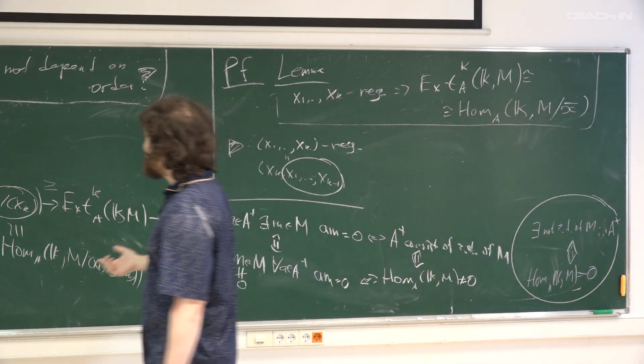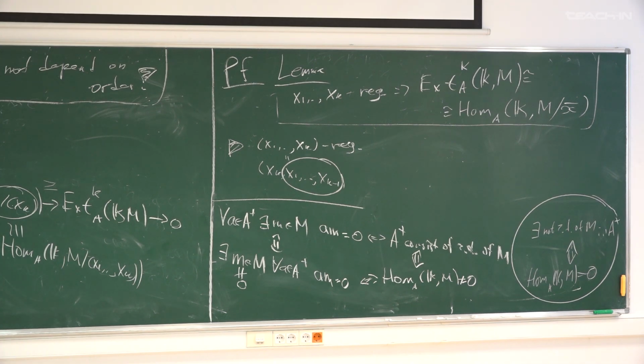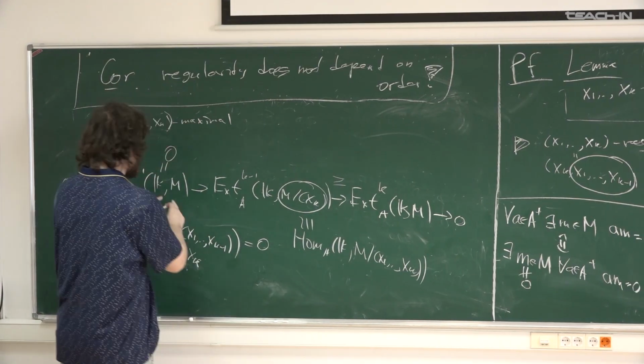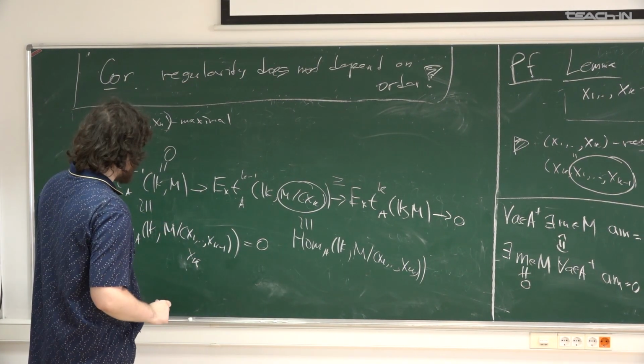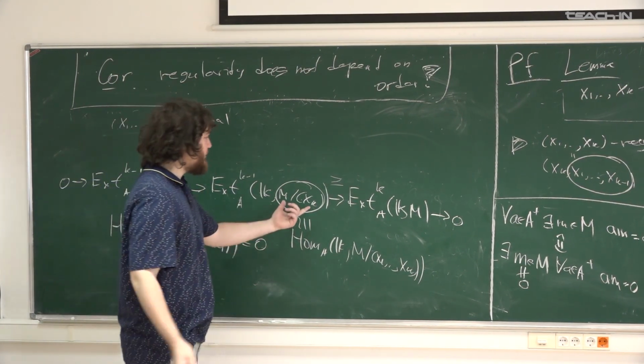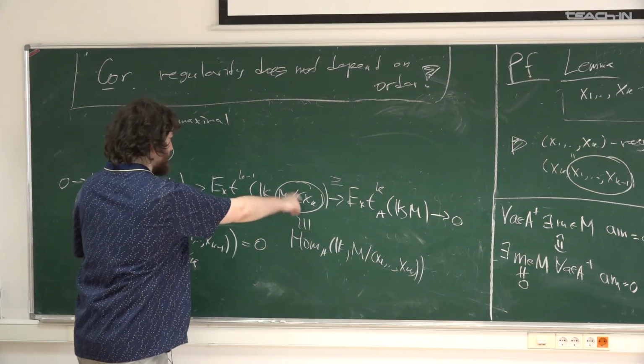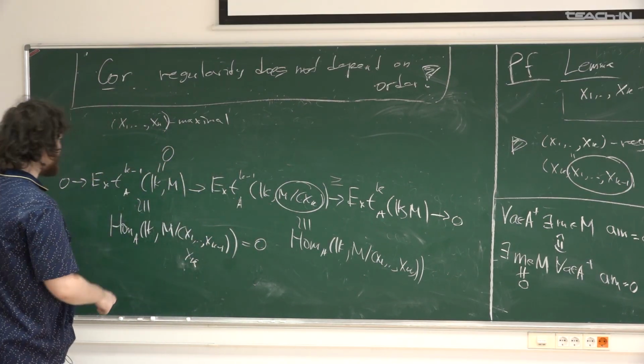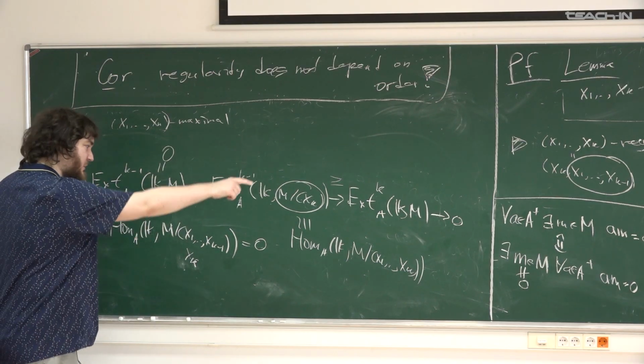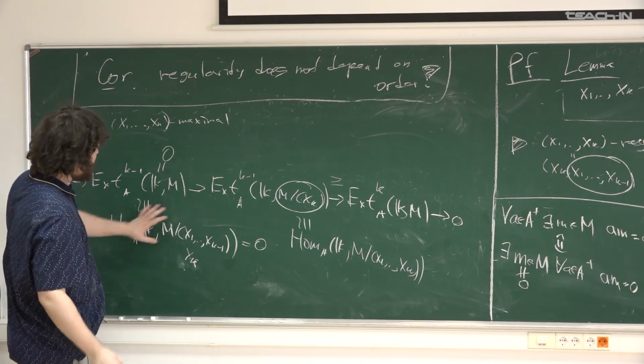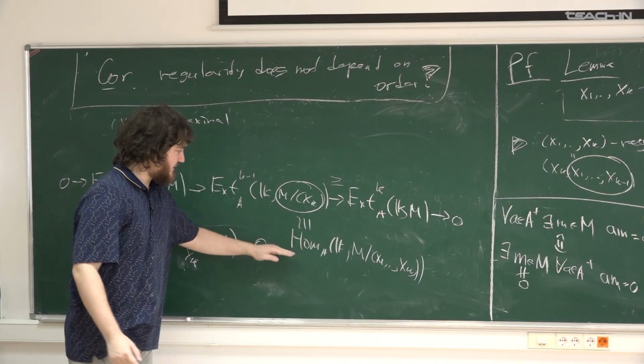In this module I have the regular sequence x1, ..., xk minus 1, the previous regular sequence. This sequence is regular in M and is regular in the quotient also. So I have 2 induction steps. But here, from the induction step and from our lemma, it's just 0. So in fact, we have no this thing, and we have only this thing. And by induction, I have the result.